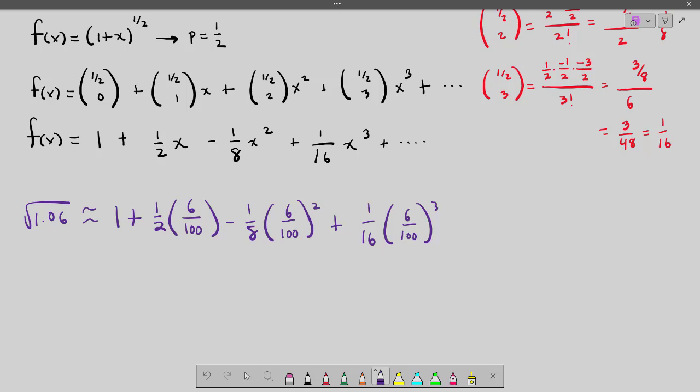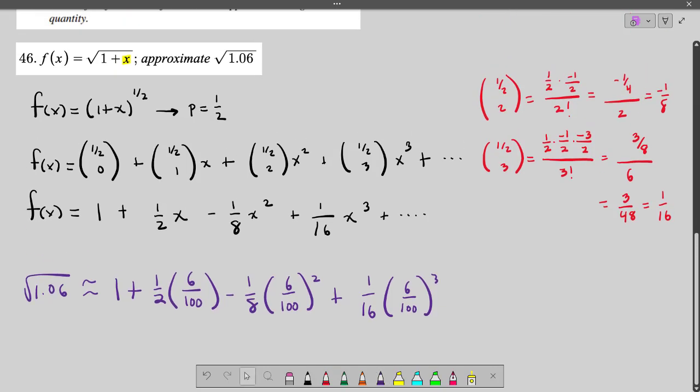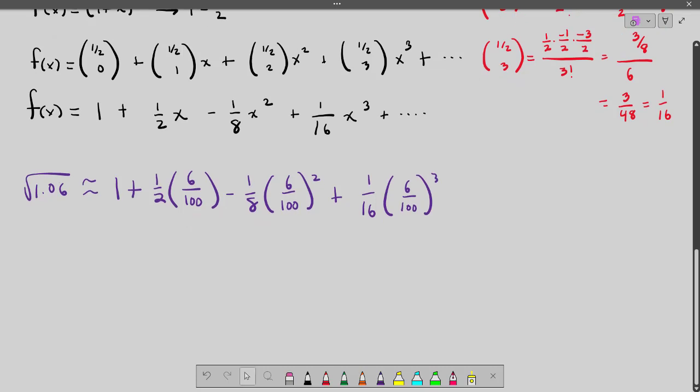So we have to identify x. It's 1 plus x, so this is 1 plus 0.06. So x is being played by 0.06, which is 6/100ths. And then we can simplify this whole thing, type it all into your calculator. Let's not do it. If you want to type that in, you can see how close this actually is. But that's how we'll do it.